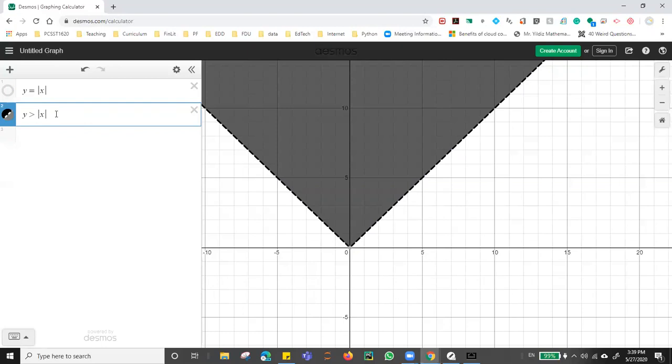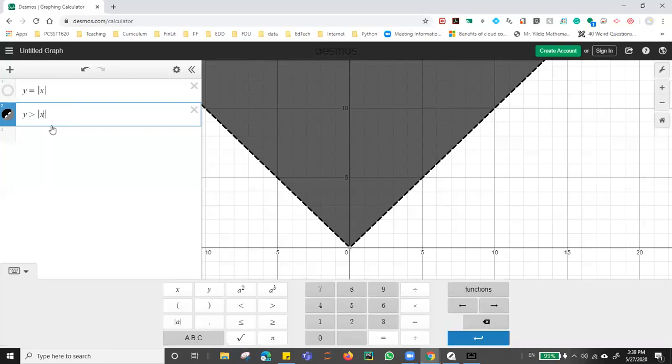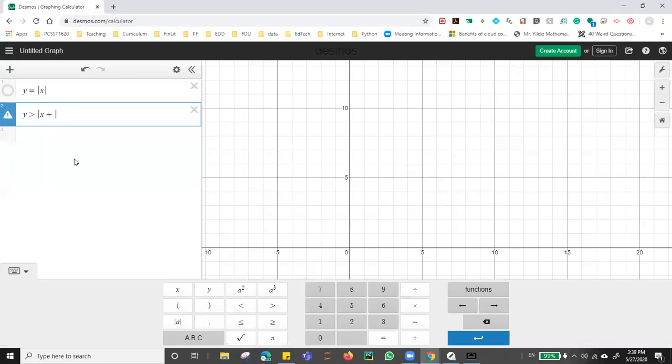So let's get rid of this one, and let's build our question's answer on this one. My inequality is the negative absolute value of x plus 2, plus 1. So first of all, let's add that plus 2 inside it. Remember, whenever I add or subtract something inside, with the x, something is going to happen left or right.